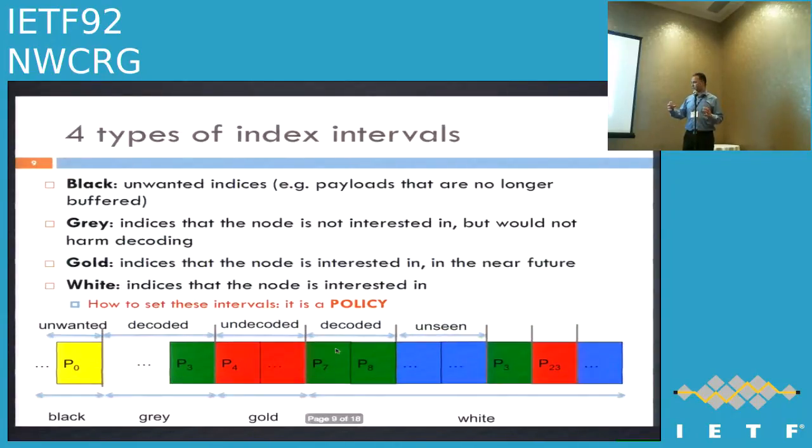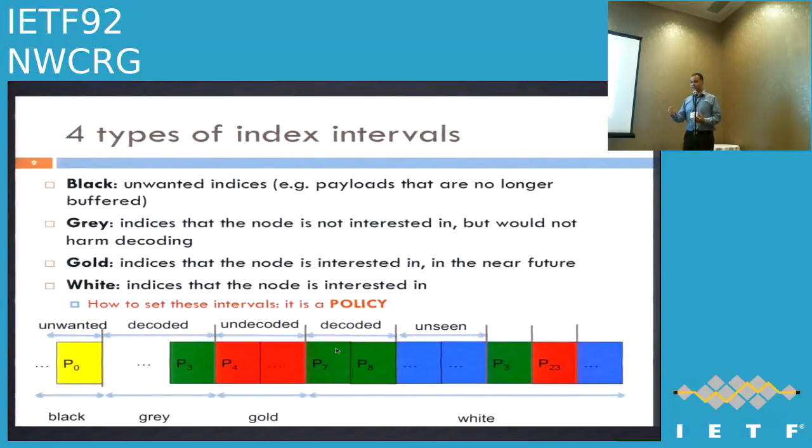Next slide, please. Using this information of the state, the node will do some advertisement with intervals. There are 4 intervals. Black intervals are the intervals of indices which are not wanted anymore. A gray interval is the indices that are not useful for the node, but don't harm decoding.